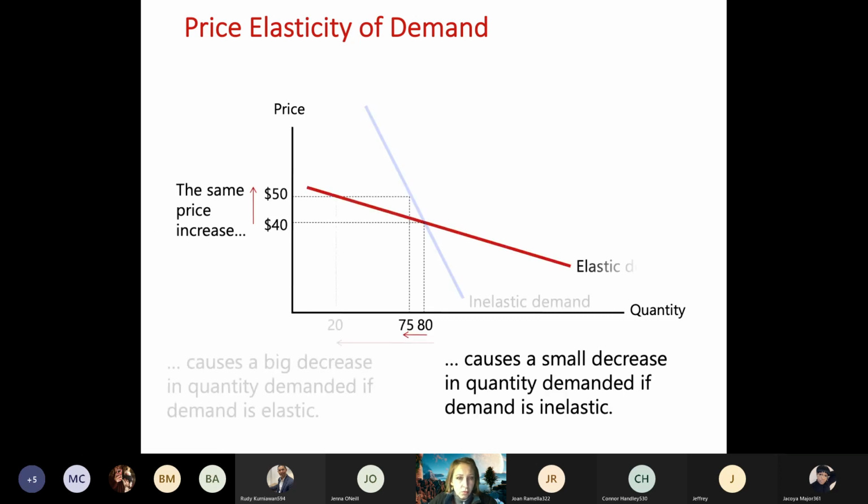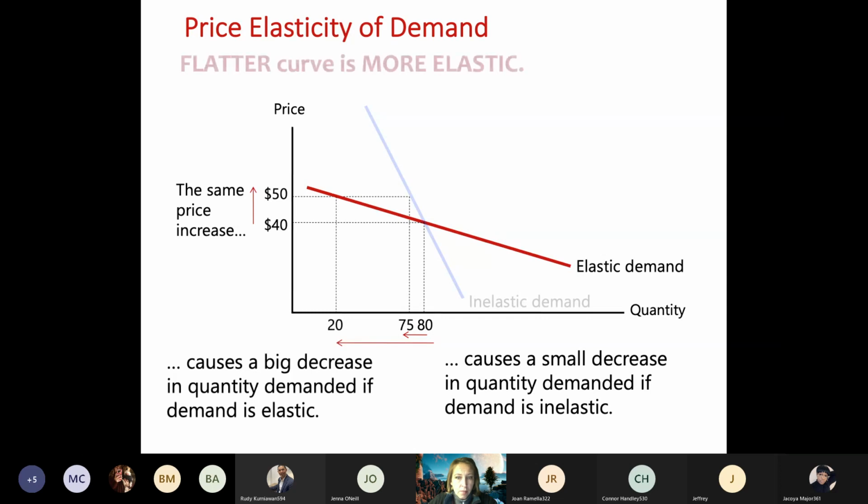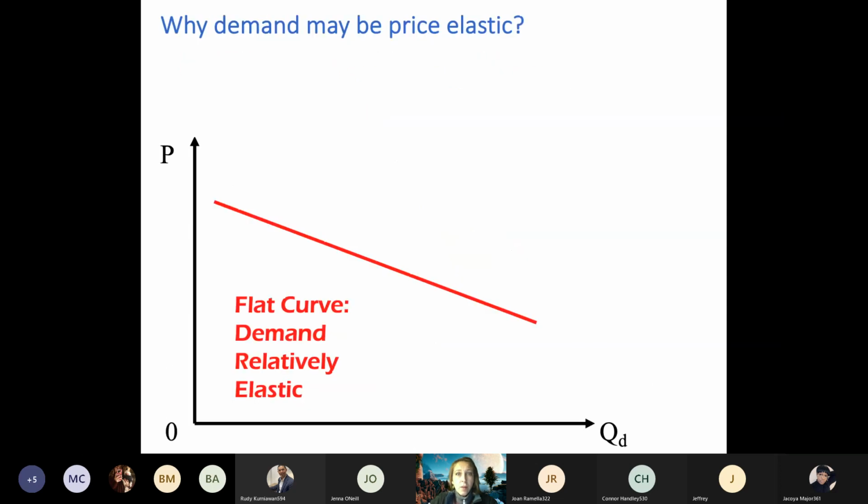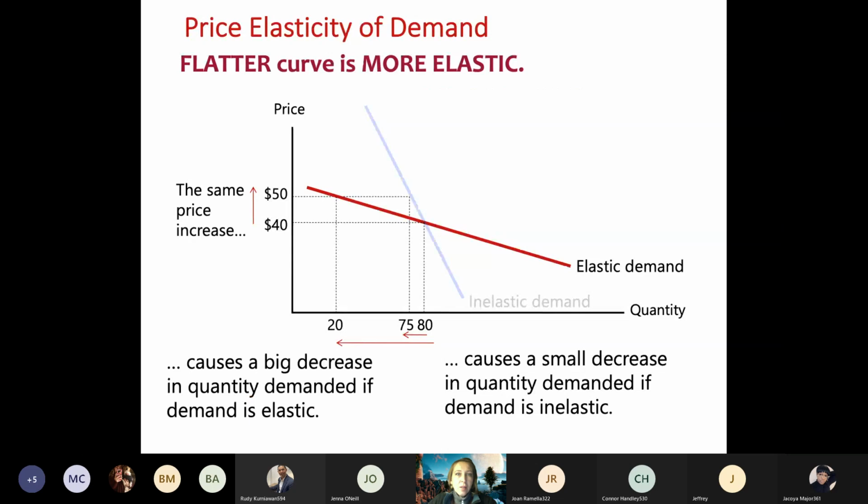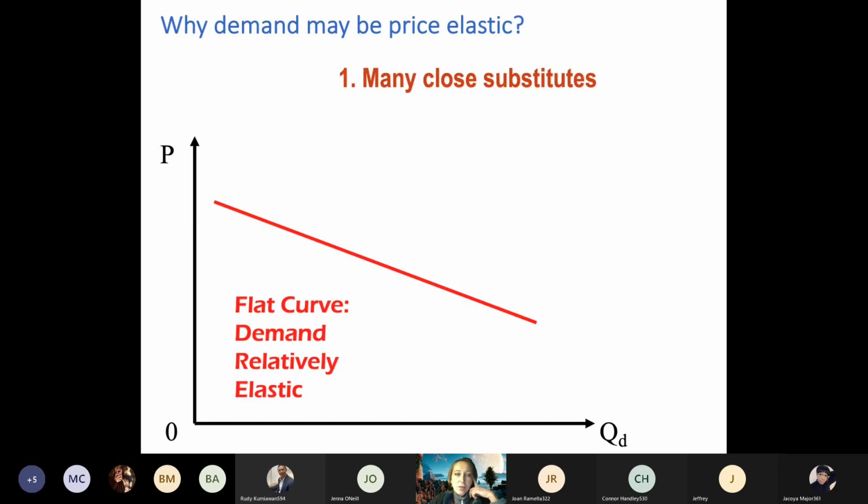Okay, so let's see. Oh, let's change animation here. I wasn't expecting it. So the flatter curve is more elastic. That's what we need to keep in mind. Usually the flatter curve is more elastic, and people are more sensitive to an increase or a decrease in price, whichever way it goes.